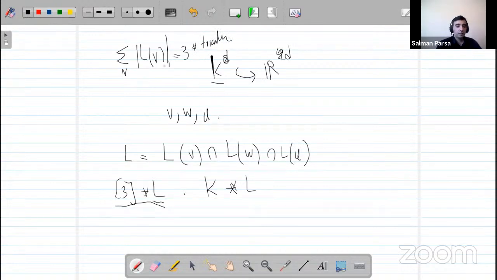So therefore, if we have any kind of restrictions on how these intersections of these sets are limited, then we can obtain a bound on this number. So this was actually my first observation, after which I became interested in the generalization of this.